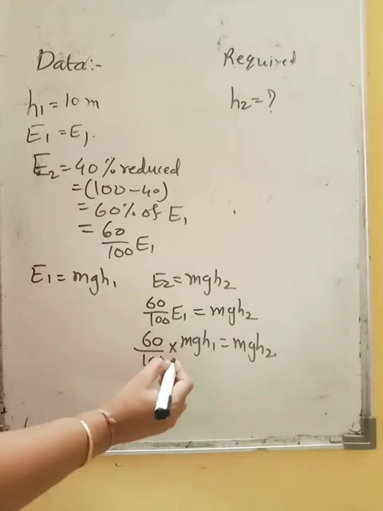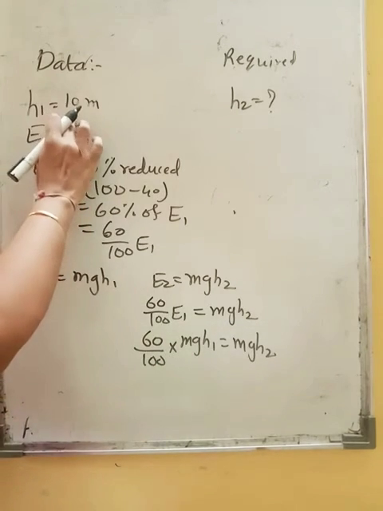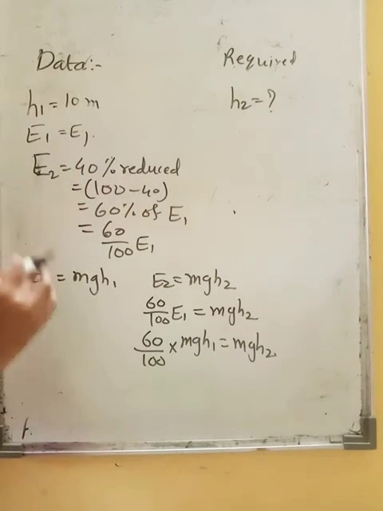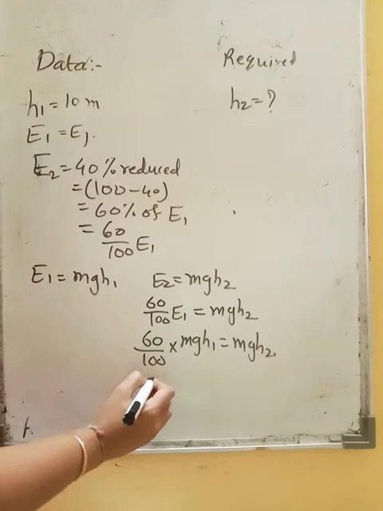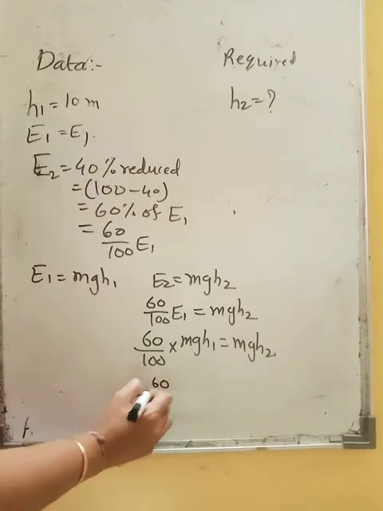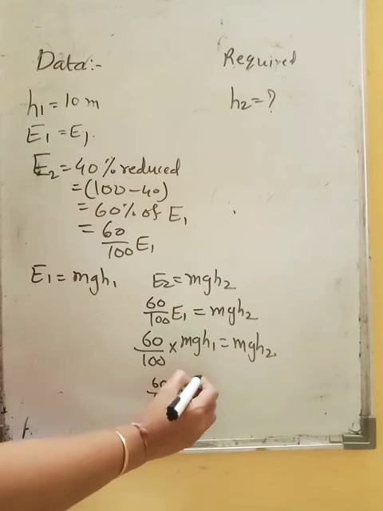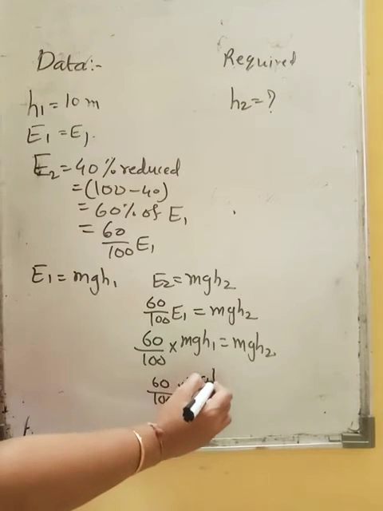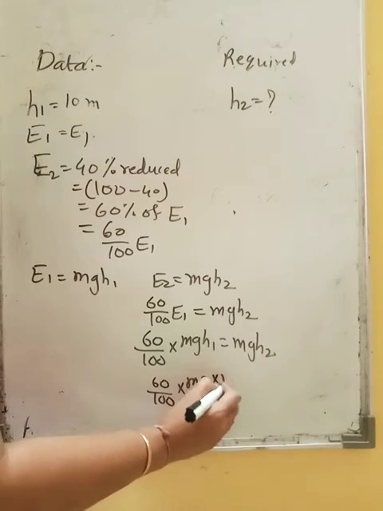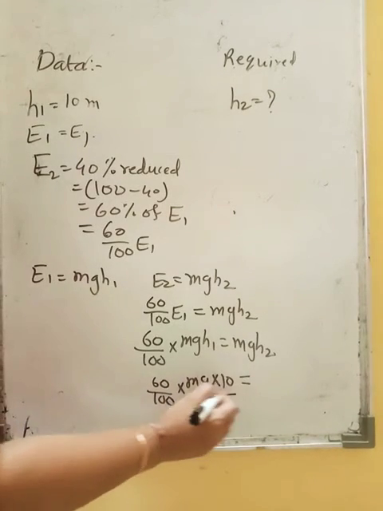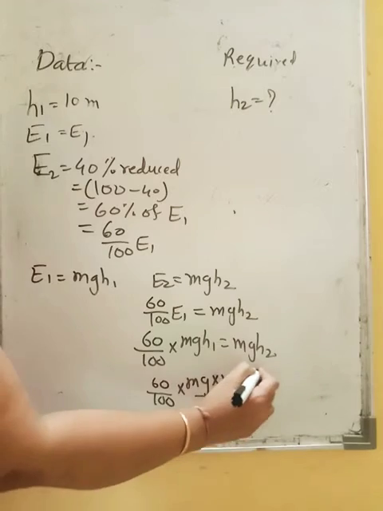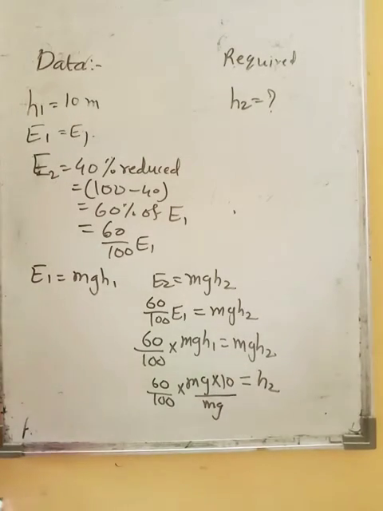Now children, I know that h1 is 10, so let me substitute. 60 upon 100 into mg, and in place of h1 I will put 10. I will bring this mg here, and here only h, because we have to find h2, so I will keep it there.